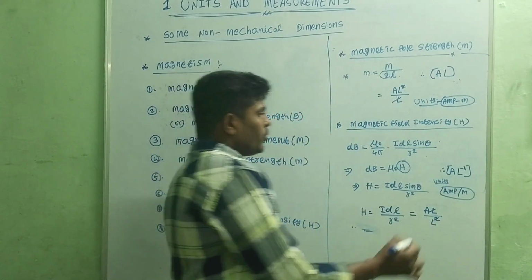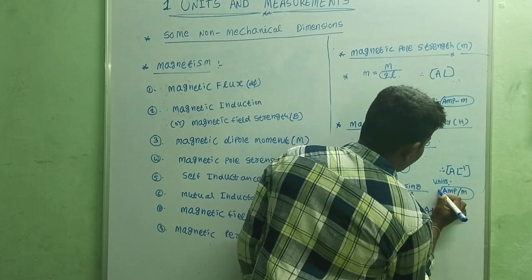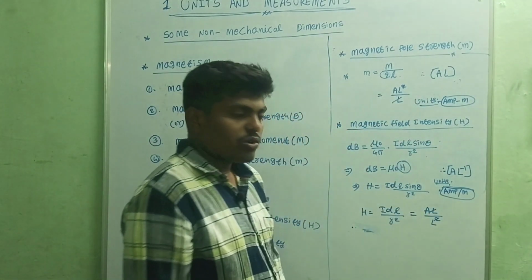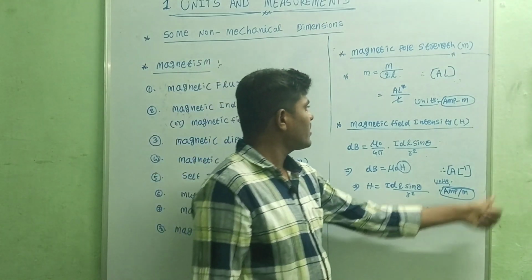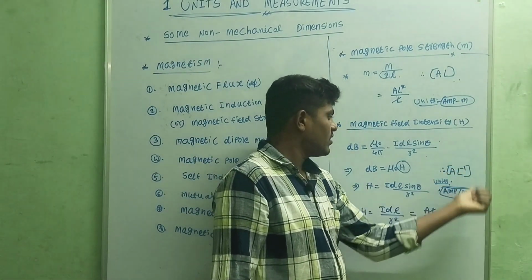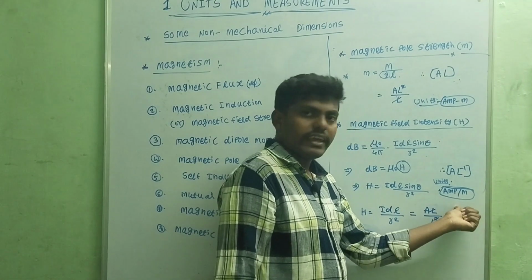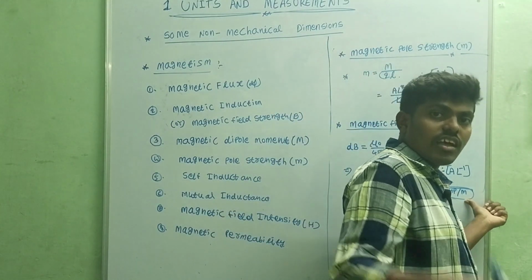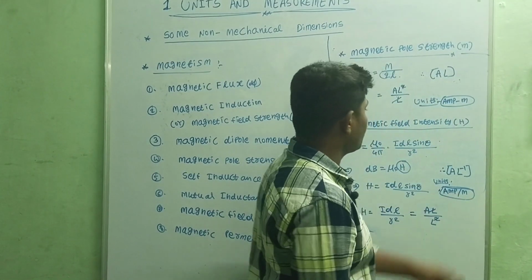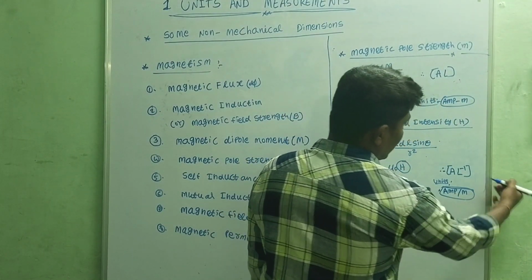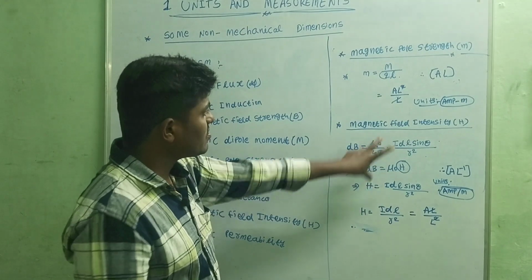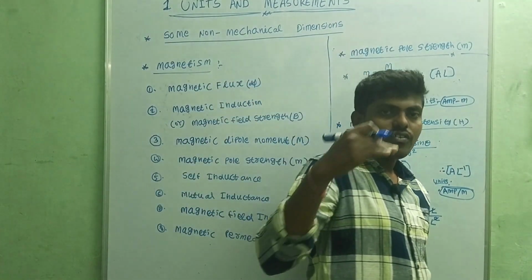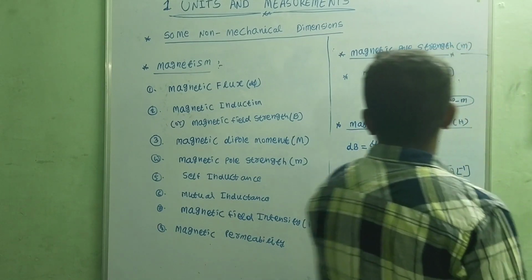So simply if you know the units of magnetic field intensity, that is ampere per meter, you can directly write its dimensions. So ampere means I, current, and meter means length. So you can write it simply as A L minus 1. So this is the simple technique of the writing of the dimensions of physical quantities.